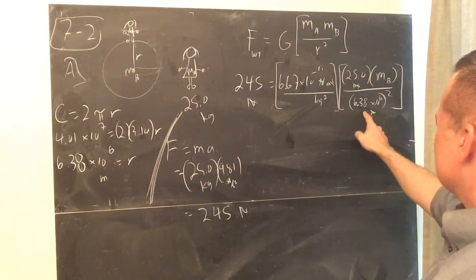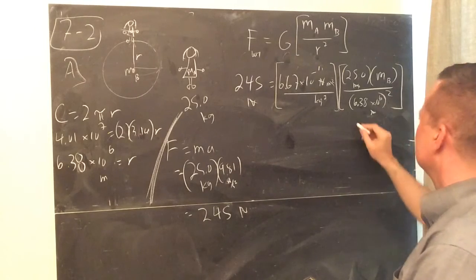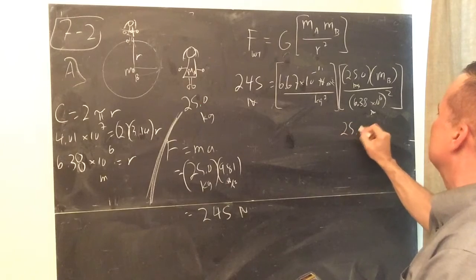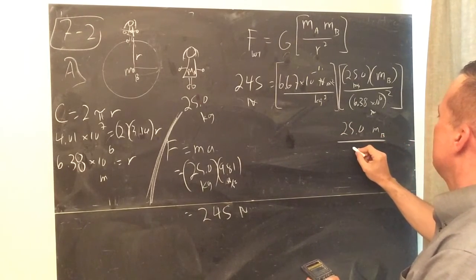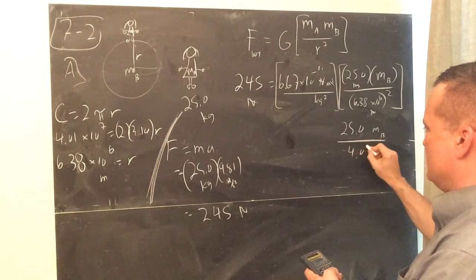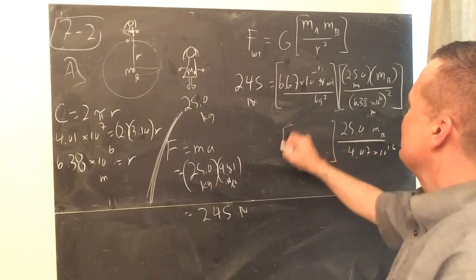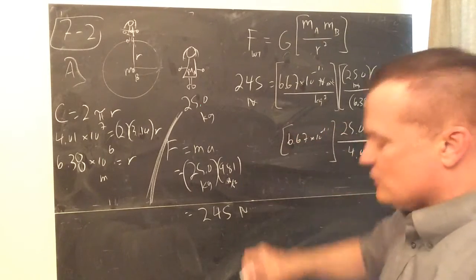Actually, the only really crazy thing is this one, 6.38 × 10^6. You've got to square it. And when you square that, it becomes 4.07 × 10^13, times the constant 6.67, and then 245.